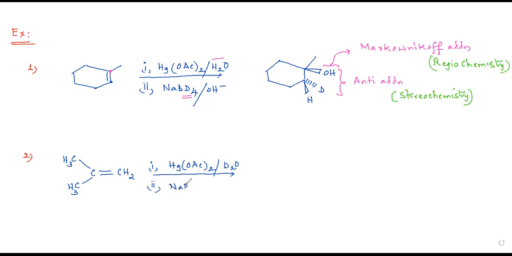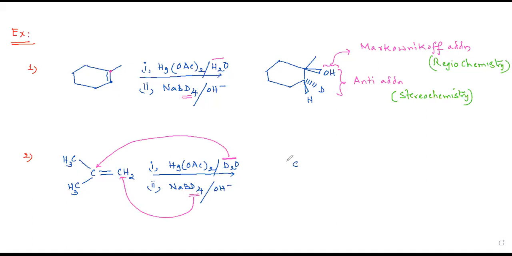Even here also it is NaBD4, OH minus. Come on. This is of course simple. You get OD from this and D from this. OD to this according to Markovnikov and D to this. That's it.